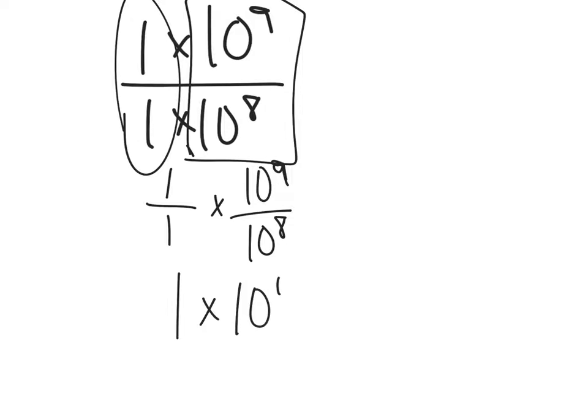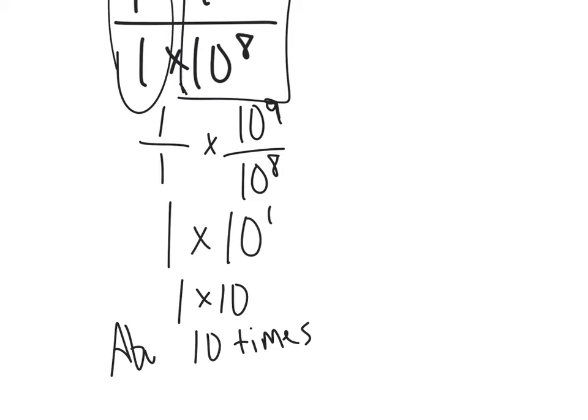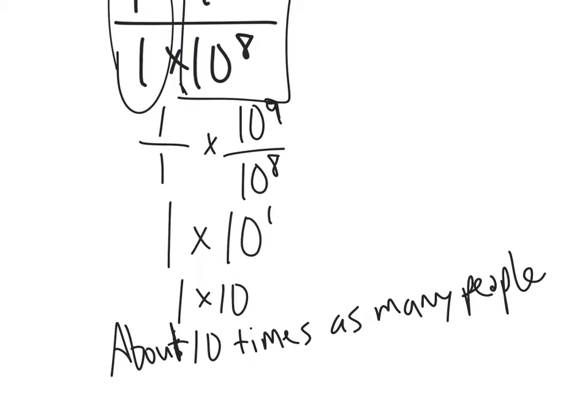So 9 minus 8 would be 1. So it'd be 1 times 10 to the first power, or just 1 times 10, which is 10, which means there are about 10 times as many people in China as Japan. Again, that's an estimate, but that might be more interesting than just saying there's more people in China than Japan.